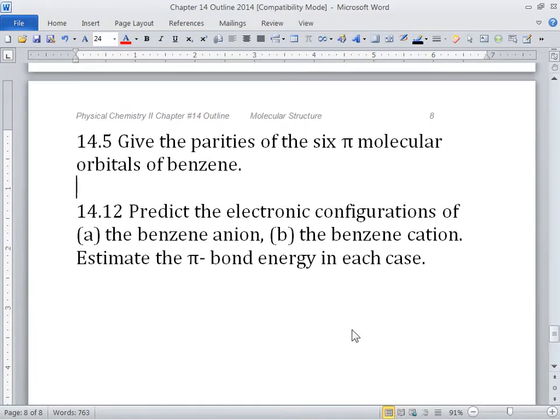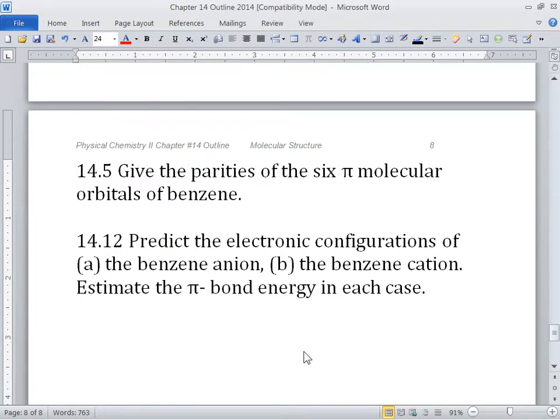Predict the electron configurations of the benzene anion and the benzene cation. They gave us a hint here too. Where's figure 14.44? That one. Oh, it's the same one. So how many electrons are they giving benzene here? How many arrows do you count in this?